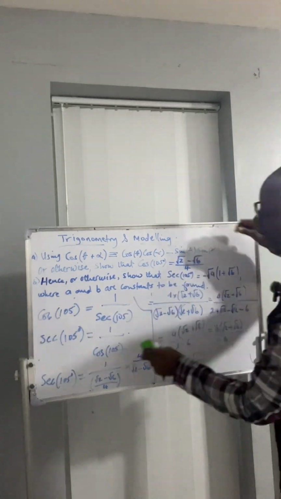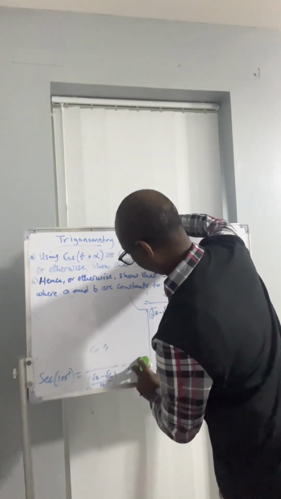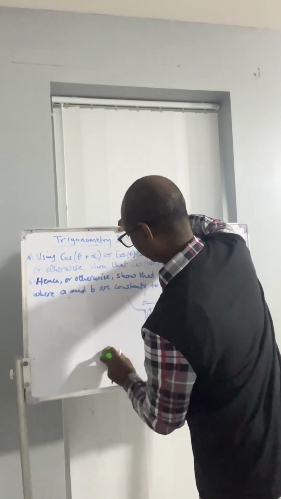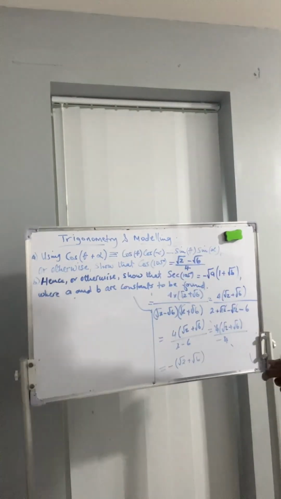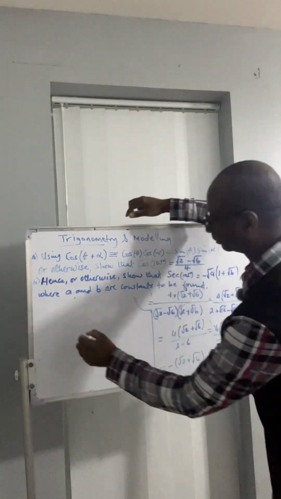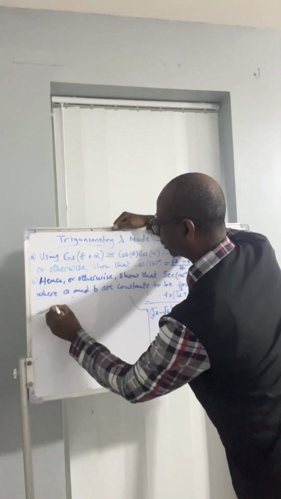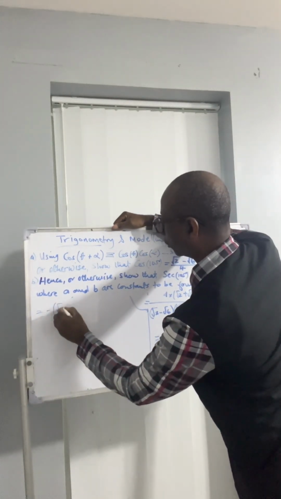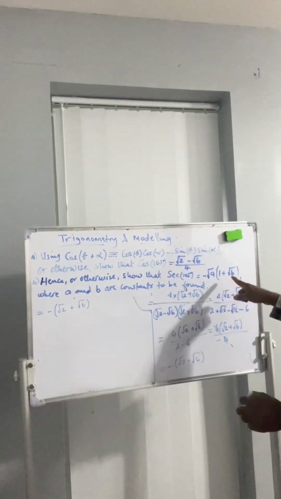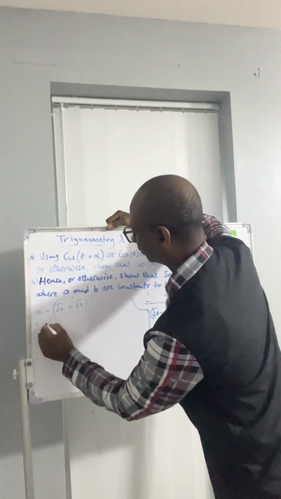Let me go back to the other side of the board. From here, we'll take it from here. We have minus the square root of 2 plus root 6, and we are looking at this. So we can simplify root 6.